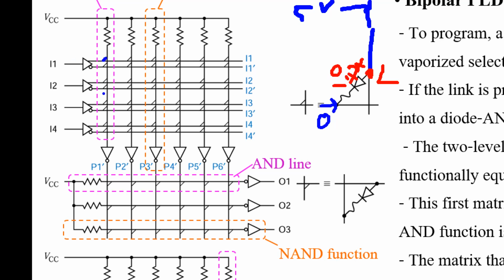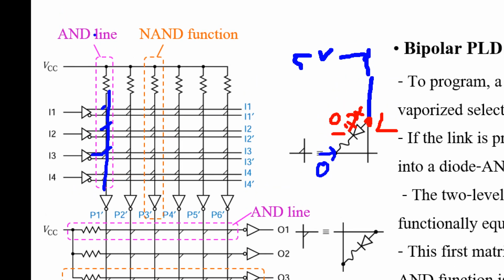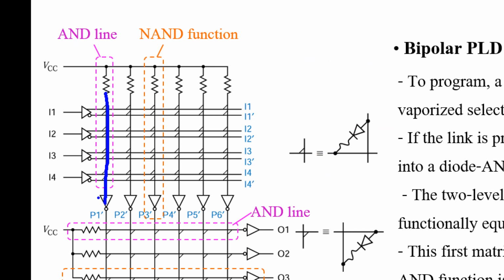So if one of these becomes low, this line will be low. This line will be 1 or logic high only when you apply input here with 5 volt, all of these 5. The potential on this line then becomes high.